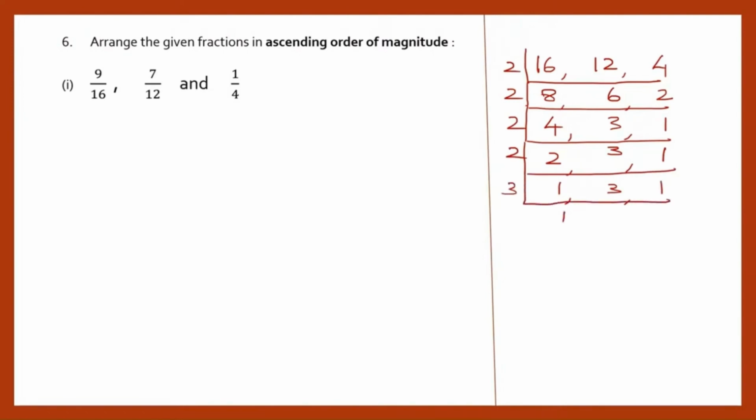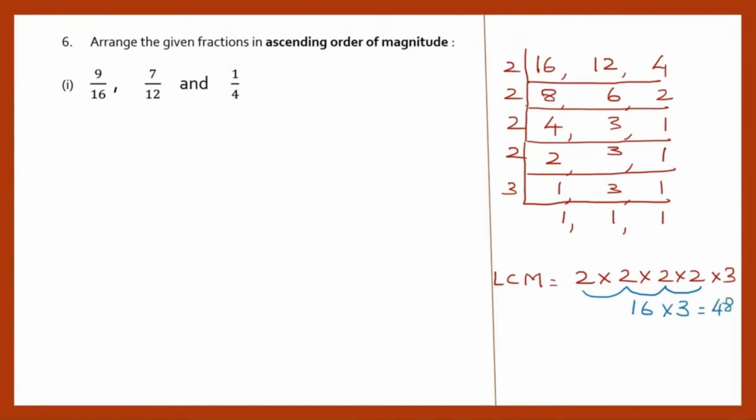Now I use 3, 1, 1 and 1. My LCM is 2 into 2 into 2 into 2 into 3. 2 2s are 4, 4 2s are 8, 8 2s are 16. 16 into 3 is 48.